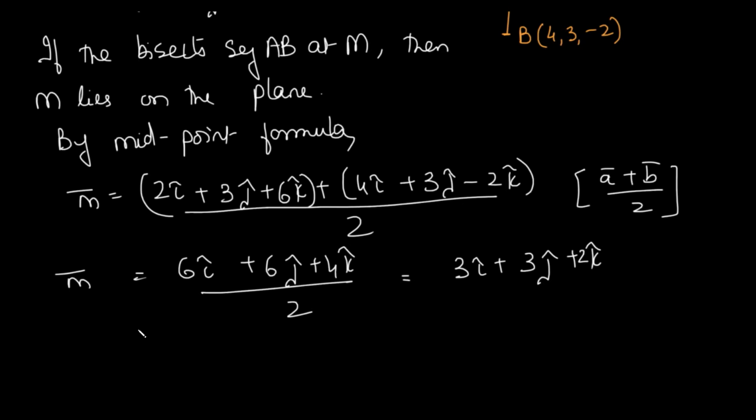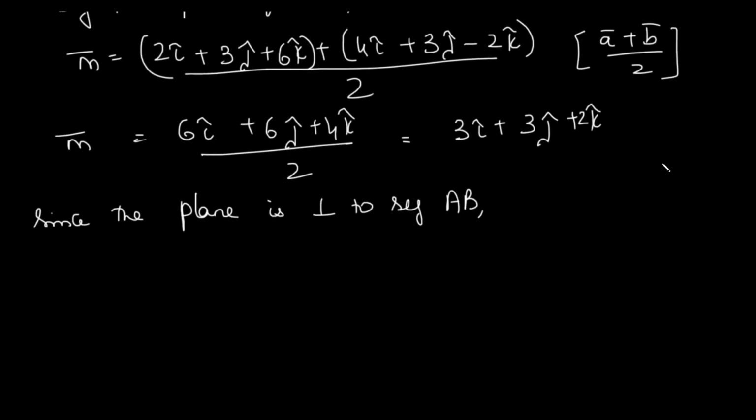Okay, now to find the normal. Since the plane is perpendicular to segment AB, we need n bar also, that is the normal. So AB is the normal to the plane. AB bar, that is n bar, is the normal to the plane.